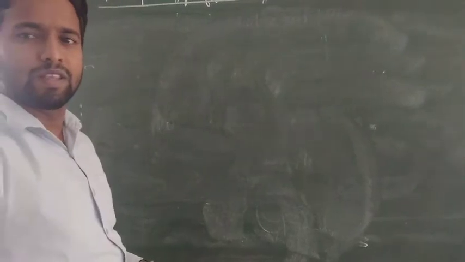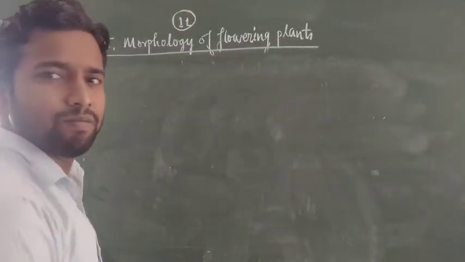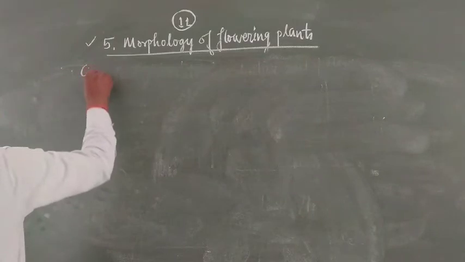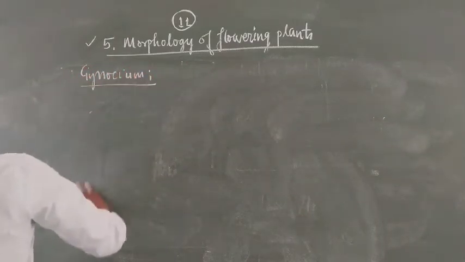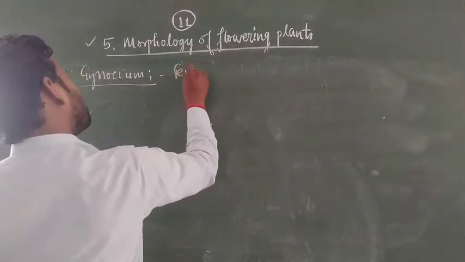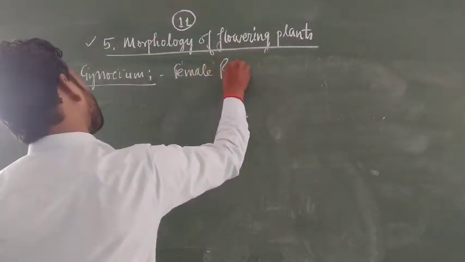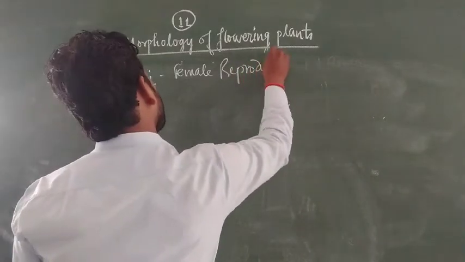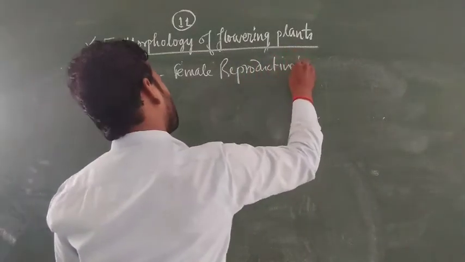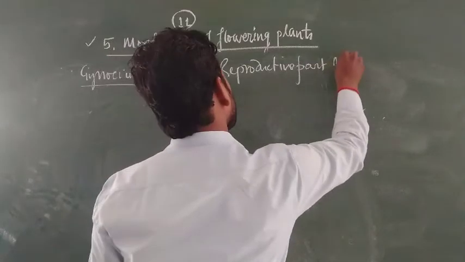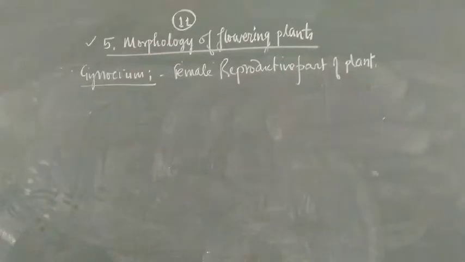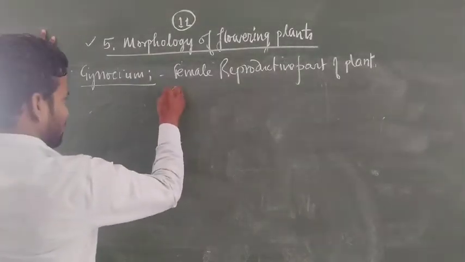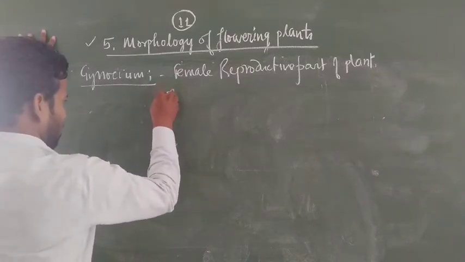Now you can see the gynoecium. Gynoecium is the female reproductive part of the plant. It is called gynoecium. In the diagram you can see it, and you can prepare it already at the time of flower formation.